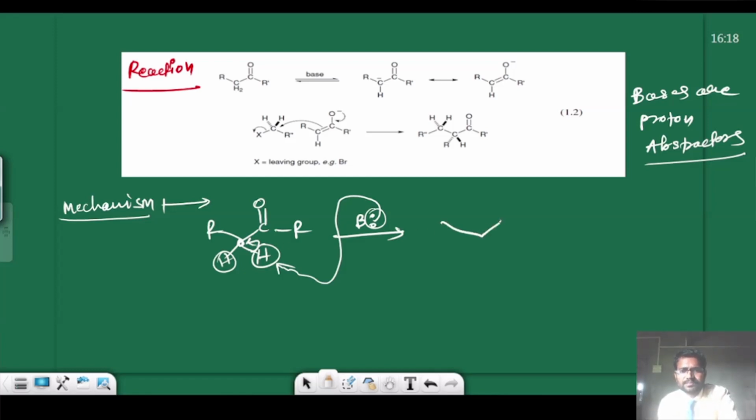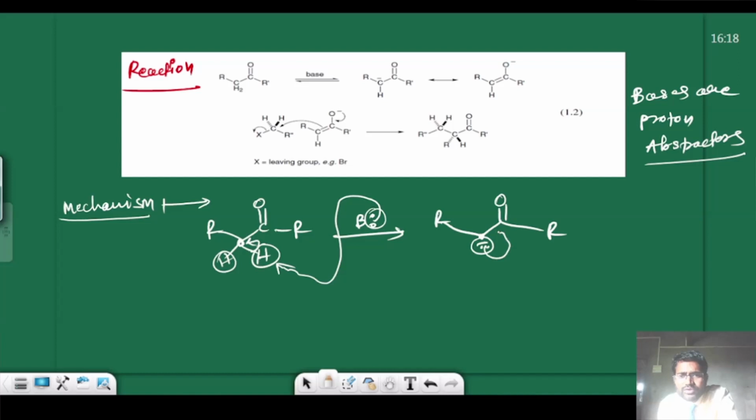This anion delocalizes, because we already studied in general organic chemistry that whenever there is a negative charge on this carbon next to a pi double bond, there is conjugation.